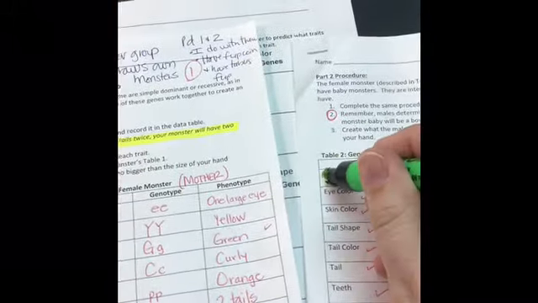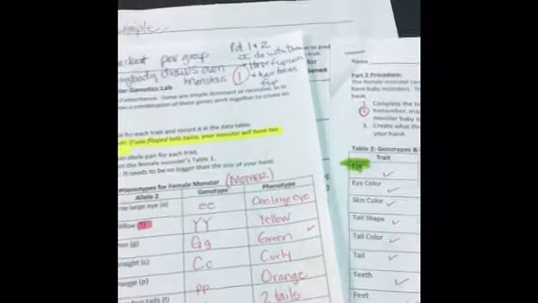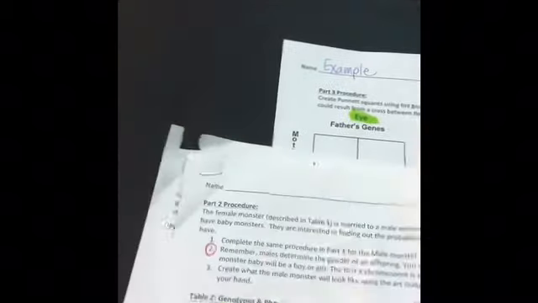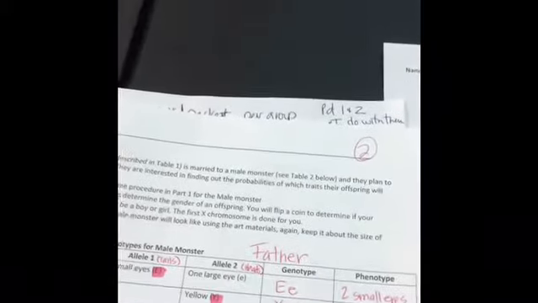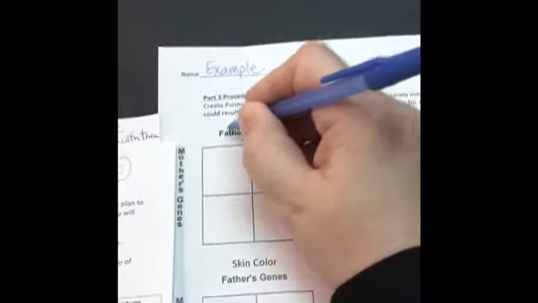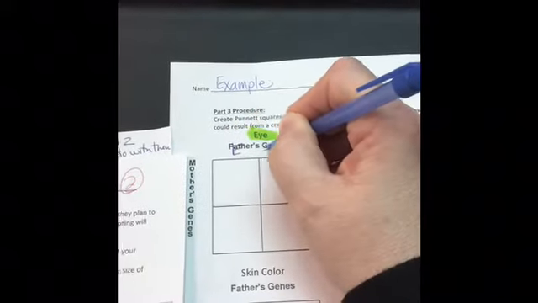That's mom, that's dad. The very first thing we need to do is take the father's genotype for eye, which in my case is capital E, lowercase e. So I put on my sheet capital E, lowercase e.